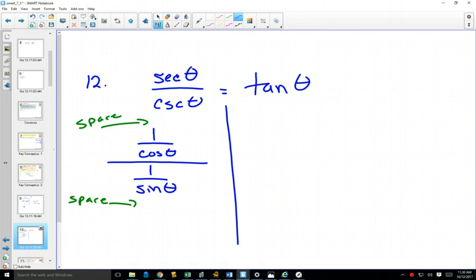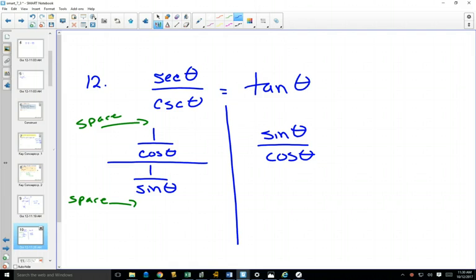What about on the right side? Can you change tan to something? Tan is equal to sine over cos. So a strategy that we're going to have is, can you change things to sine and cos?